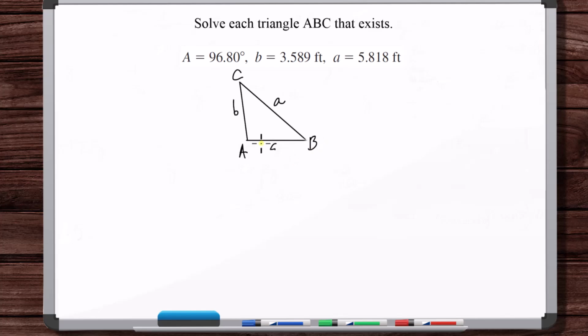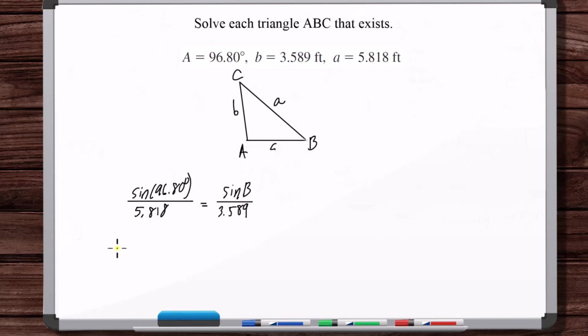So, now what we do is we apply the law of sines. So sine of 96.80 degrees over 5.818 is equal to, and we're going to have to use this angle because we have this side length, sine of B over 3.589.